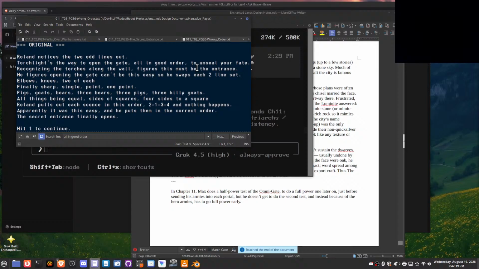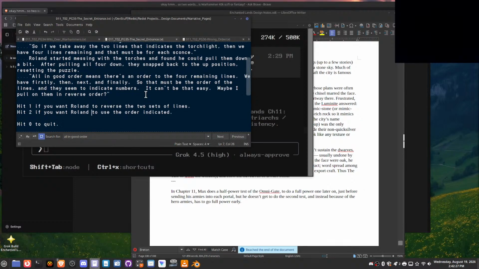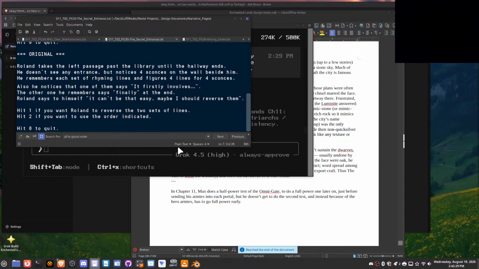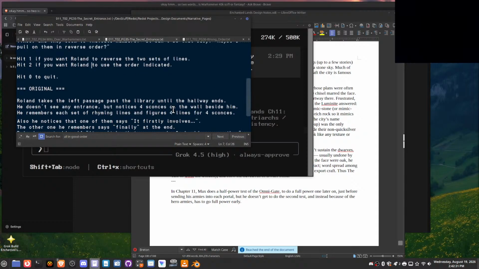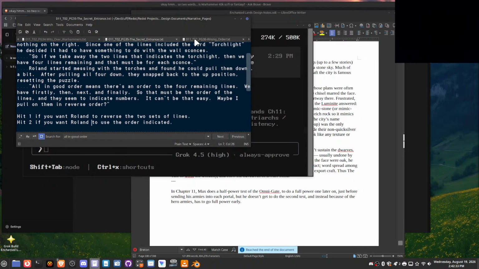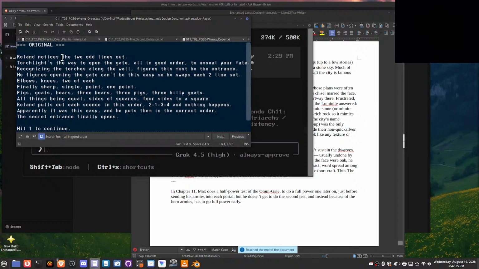The wrong order. Can't be this easy. Maybe I should reverse them. So that indicated this does it differently. Nothing happens. It was just easy.